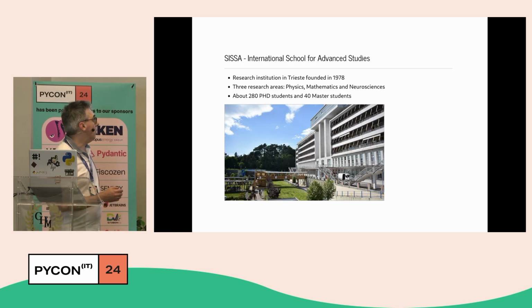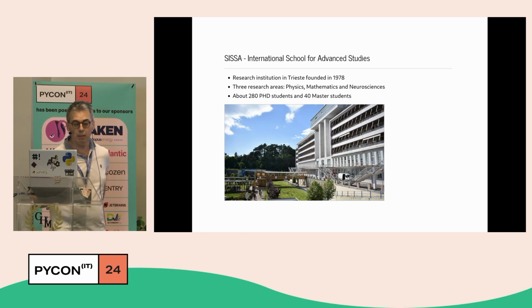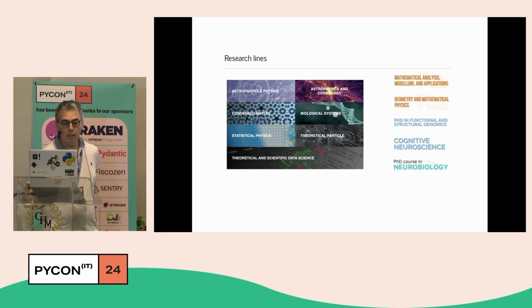We have about 280 PhD students, and also a master for communication of science. Our research institution was founded in 1978, and the research lines are on astroparticle, cognitive neuroscience, many of them in the areas that I mentioned.